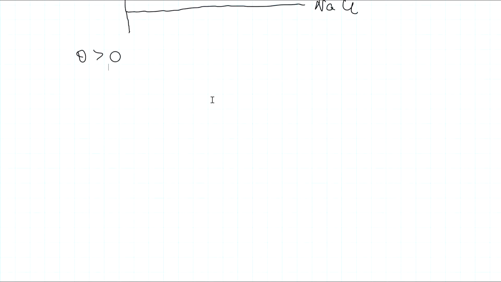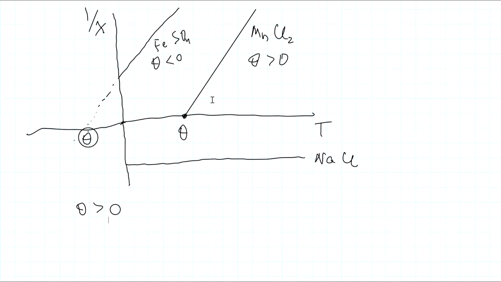So if theta, the Curie temperature, is greater than 0, that means that the molecular field is aiding. Let me type these things, but it would be small. Let me increase the font. So for this case, molecular field aids external field.